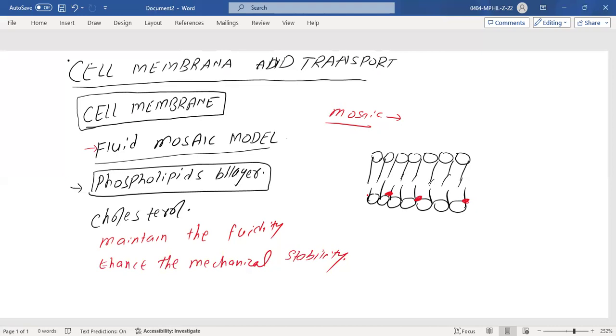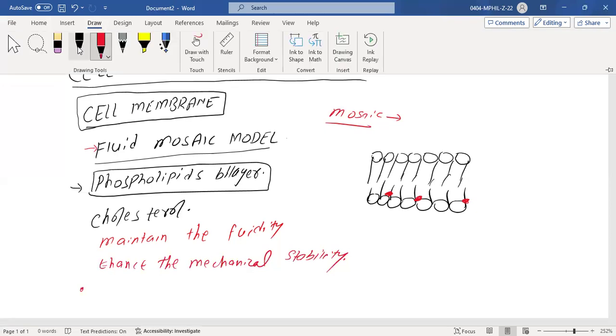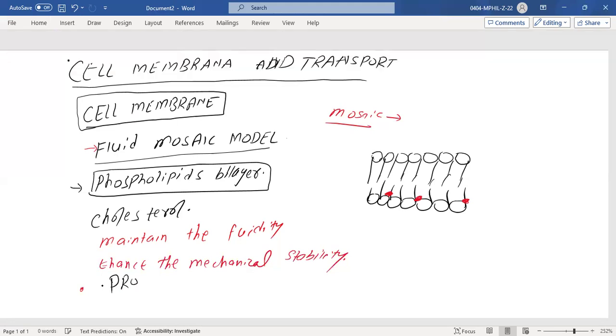Then you have another component, that is protein. So these protein molecules are embedded in the bilayer, right? For instance, you have this bilayer here.